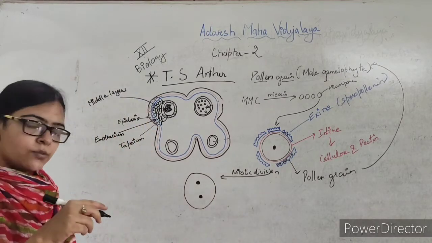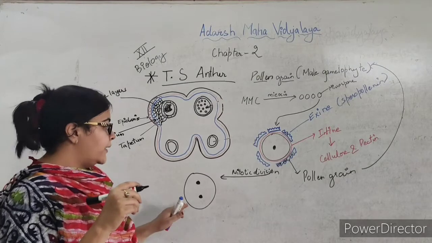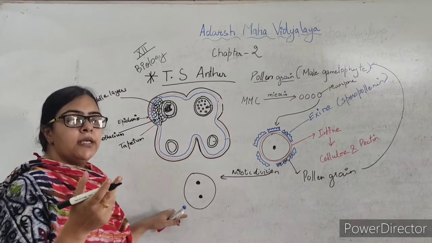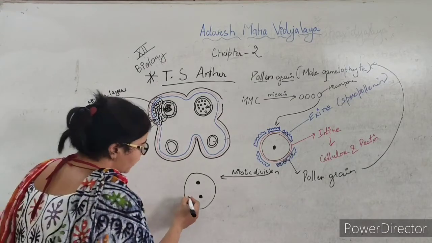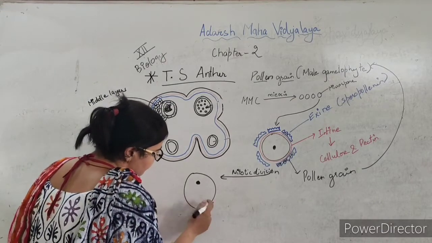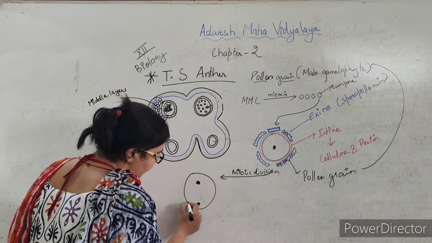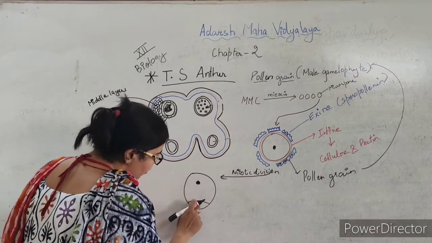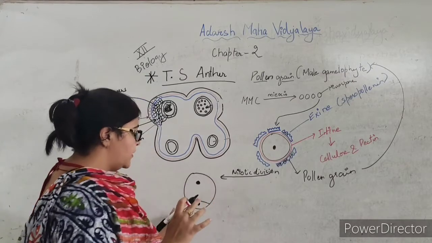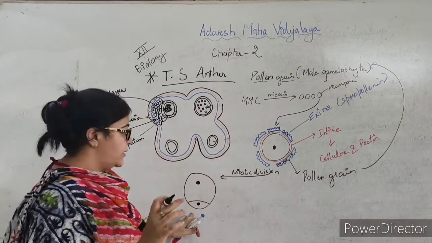Now cytokinesis will occur, but this cytokinesis will not be equal, it will be unequal. This nucleus will come here and there will be a wall formation here, and this wall formation will divide the cell into two unequal cells.